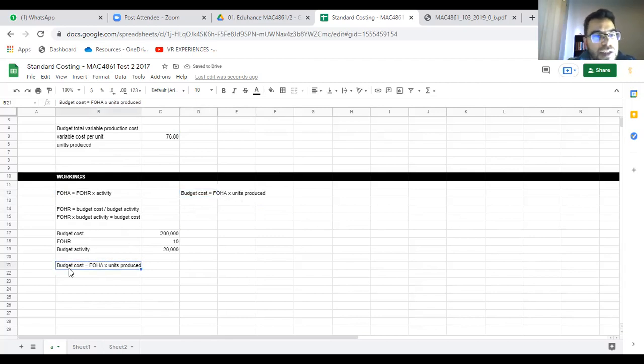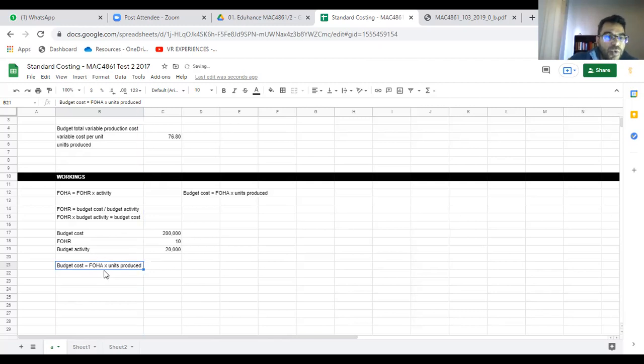So budgeted costs is equal to fixed overheads applied times units produced. Very important to take note. Have a look at this over here. We want units produced. So if I have units produced on one side, the formula is rearranged as budget costs divided by fixed overheads applied equals units produced.